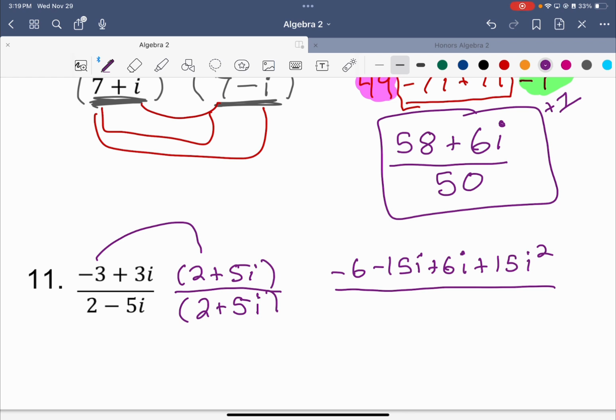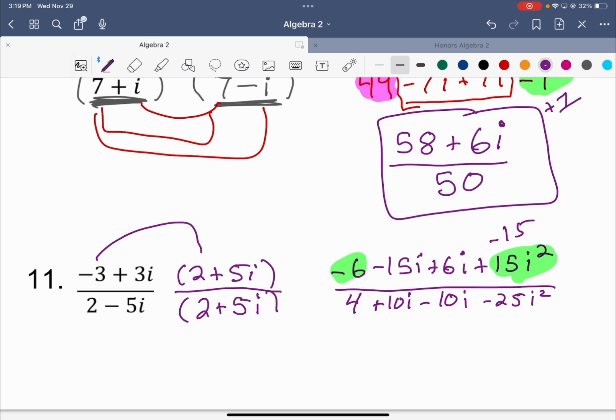2 times 2 is 4. Plus 10i. Minus 10i. Minus 25i squared. Okay, so I've got negative 6 and I've got positive 15i squared. So that makes that negative 15.